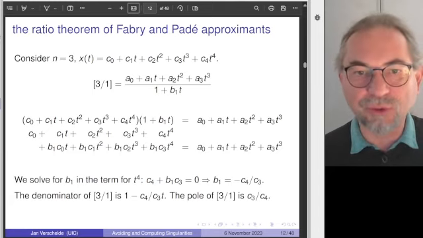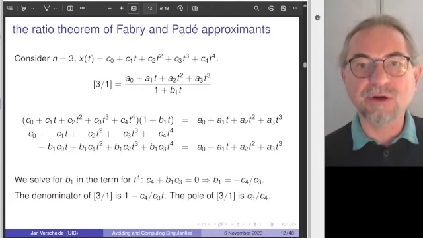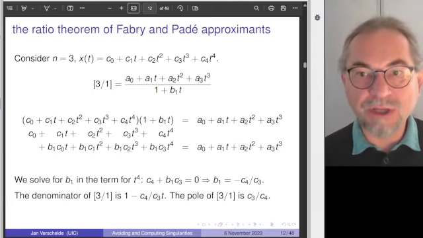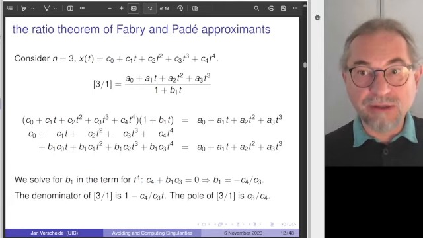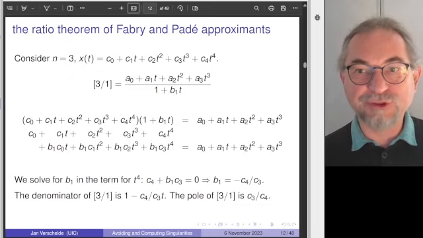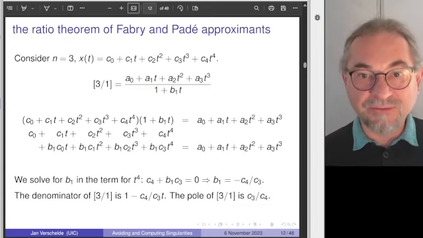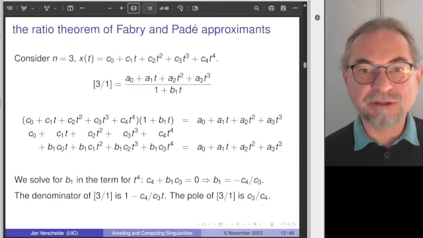So typically one normalizes the constant term of the denominator to 1. So we have a cubic numerator, 4 coefficients in the numerator, 1 coefficient in the denominator. So we have 5 unknown coefficients for 5 given coefficients.